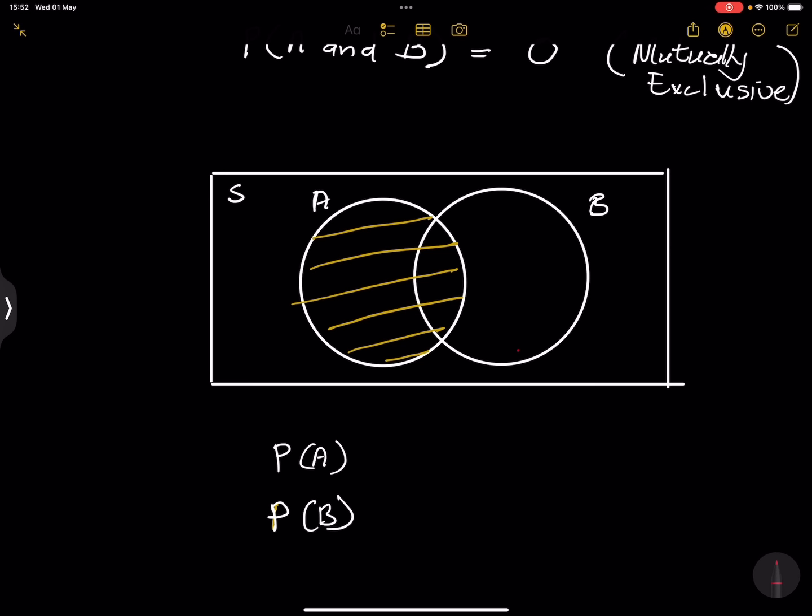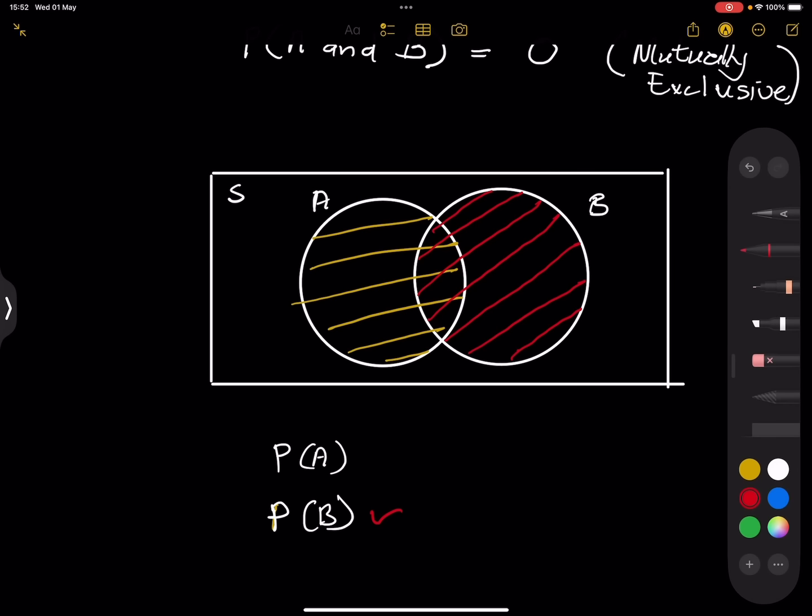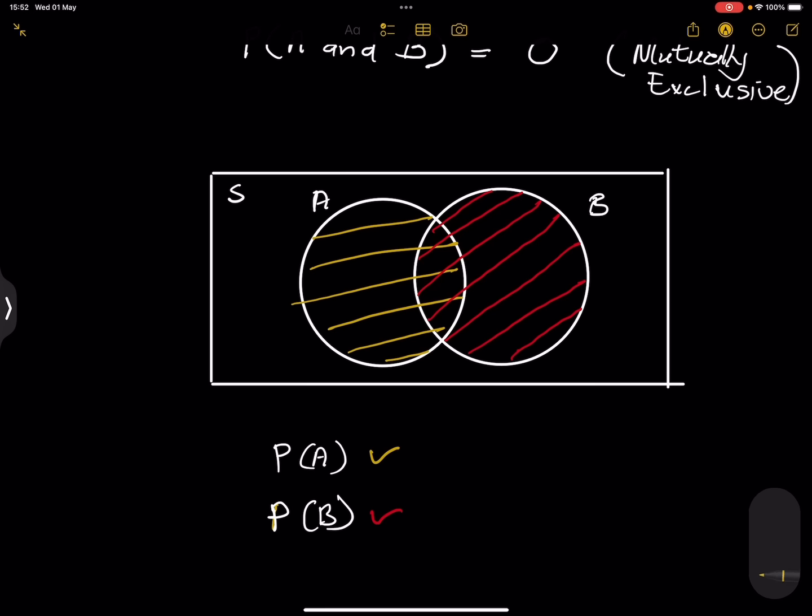Where is my probability for B? Everything under that circle there, that element. So I've got the probability of B in my red color, and the probability of A in my yellow color.